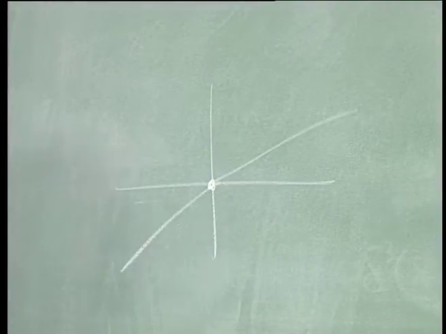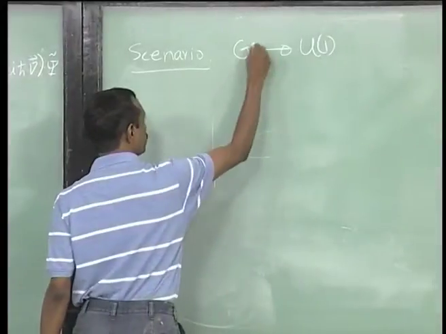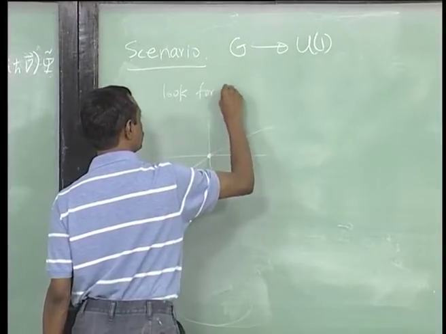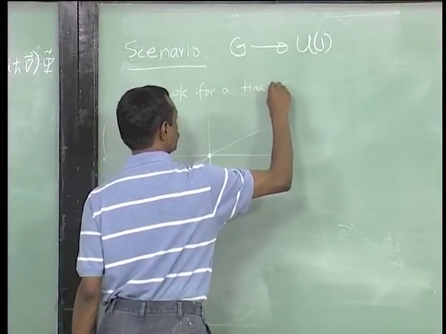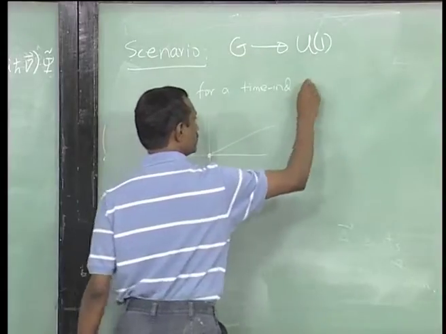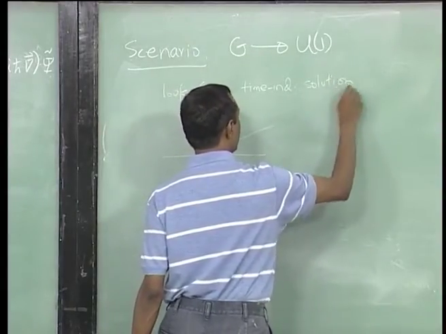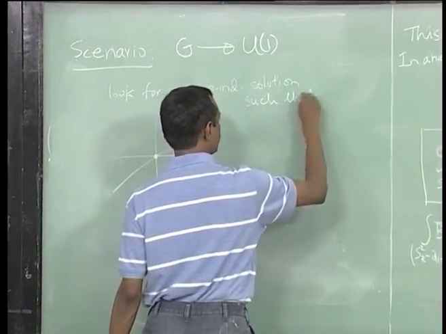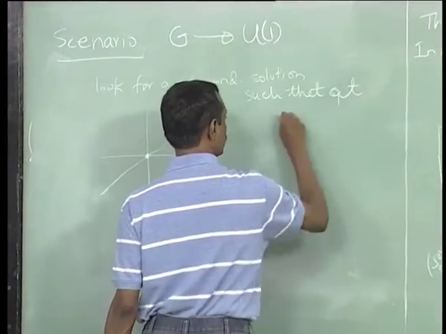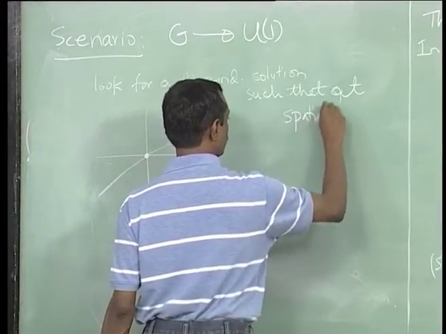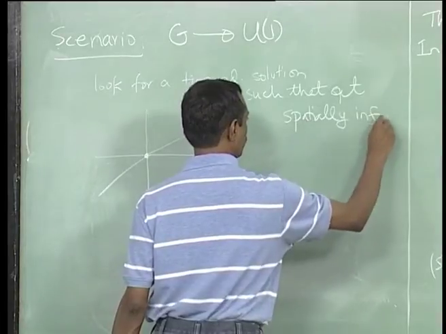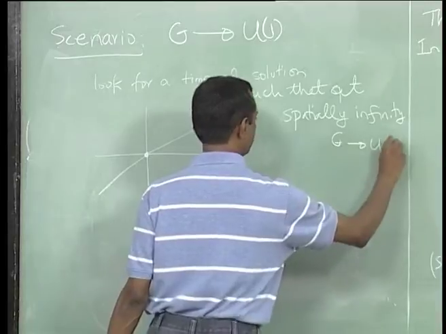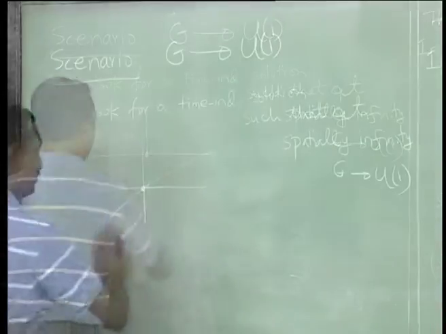But suppose we are asking for a classical time independent solution, such that at spatial infinity this is the pattern.